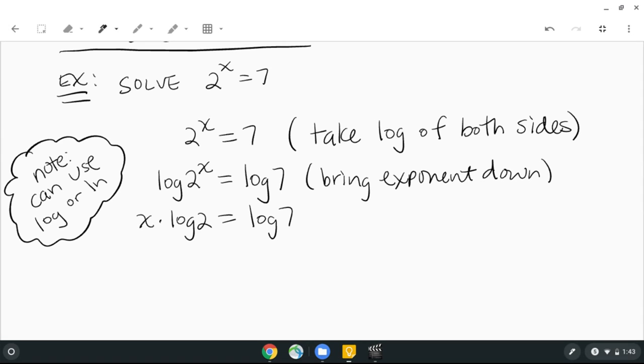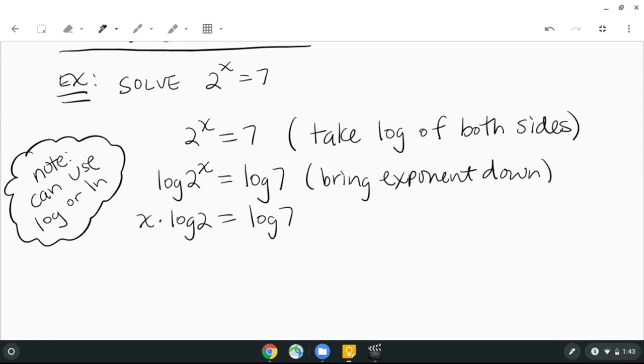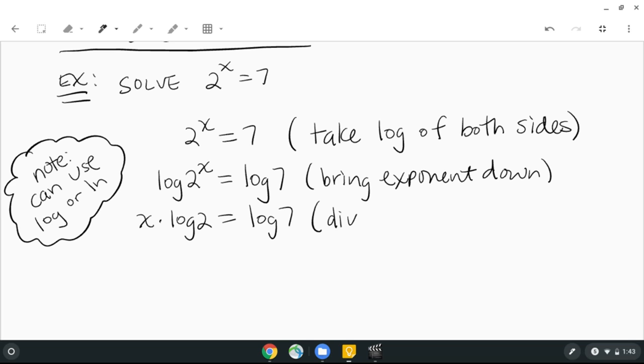So here we have multiplication with x. So in order to solve for x, I have to do the opposite operation, or the inverse operation. So if that's the multiplication, then I will need to divide both sides by log 2.